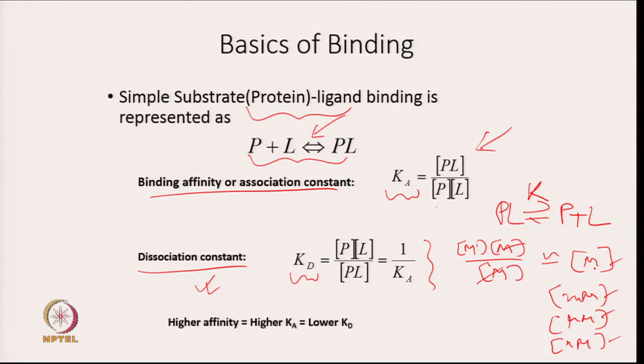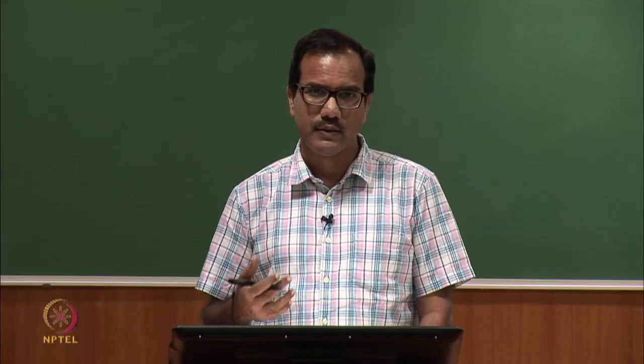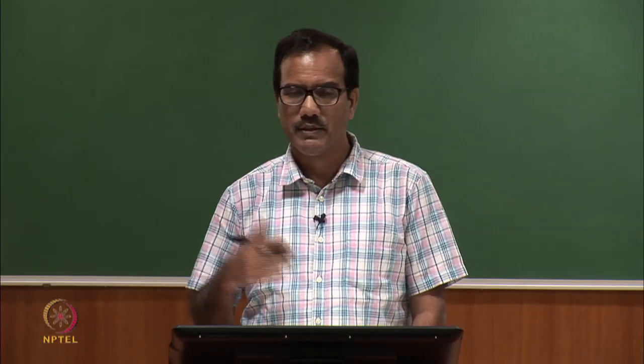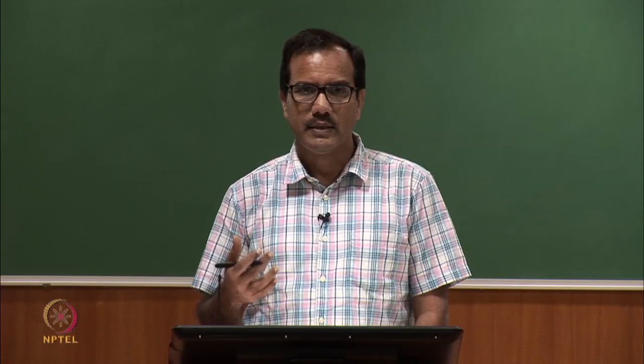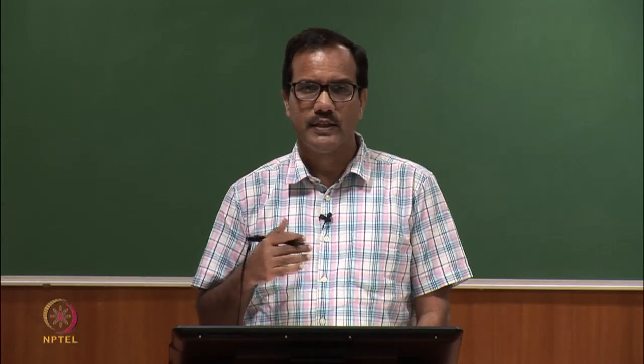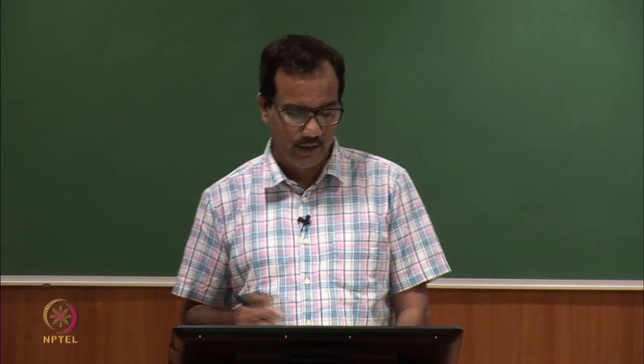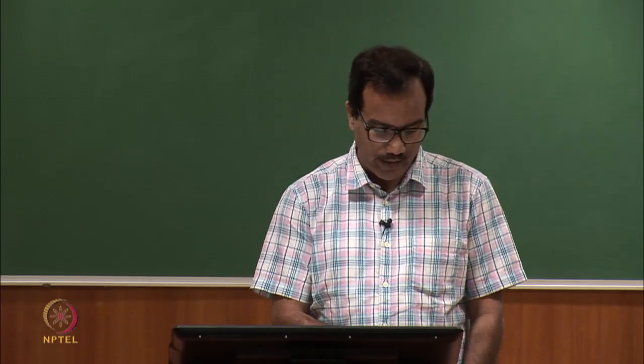Since it is easy for us to denote the unit as molar, millimolar, micromolar or nanomolar, generally we take dissociation constant as a measure of protein ligand affinity, but we need to keep in mind that if there is a lower value of Kd, then it means there is a higher affinity of substrate for ligand.